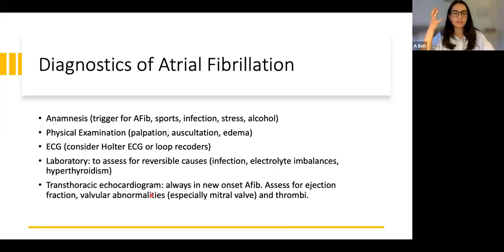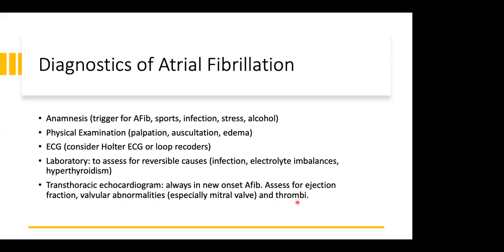And then patients who have just been diagnosed with atrial fibrillation, you should always do a transthoracic echocardiogram and check for the ejection fraction, for valvular abnormalities, especially in the mitral valve. If we have mitral stenosis, it will lead to stretching of the left atrium, which can trigger these cells. And we should always check for thrombi in the patient's heart.